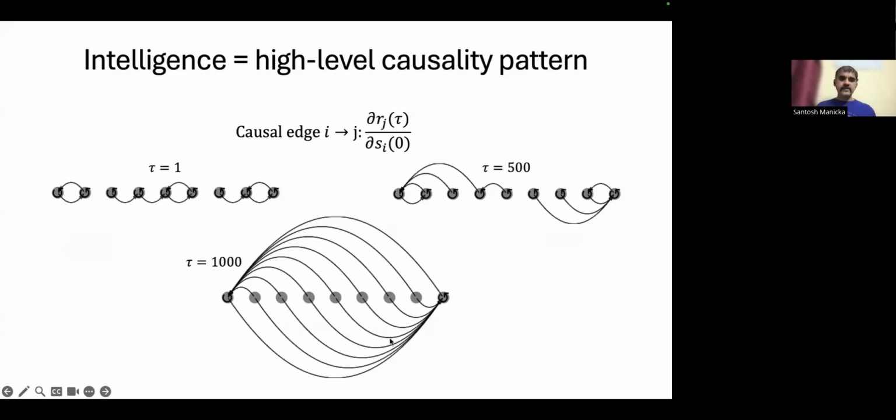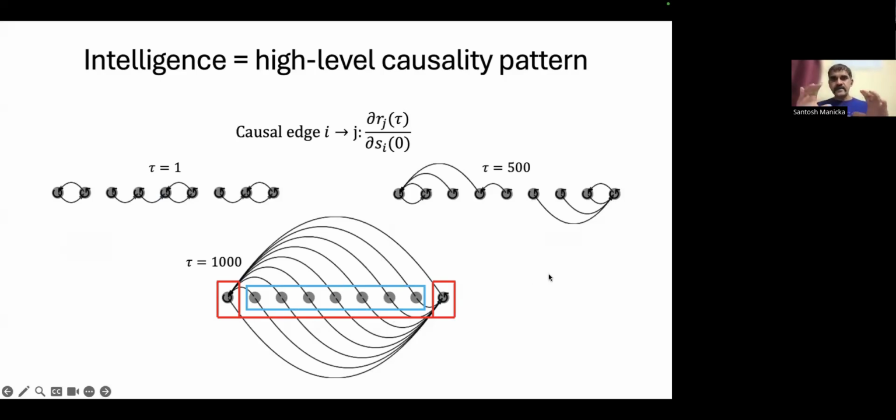And at the longest time scale, you will see that all of these causal edges point either to one cell at the end or to the other cell at the end. There are no causal arrows that point to any of these cells in between. So this high-level strategy of one cell being able to trigger causally the cell at the other end of the chain is made concrete in the form of these causal networks, and we see that the cells at the end of the chain belong to one category, and the intervening cells fall into another category.